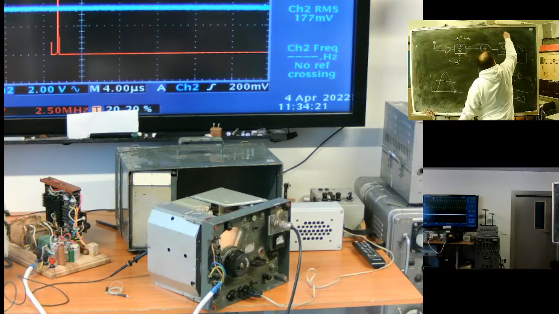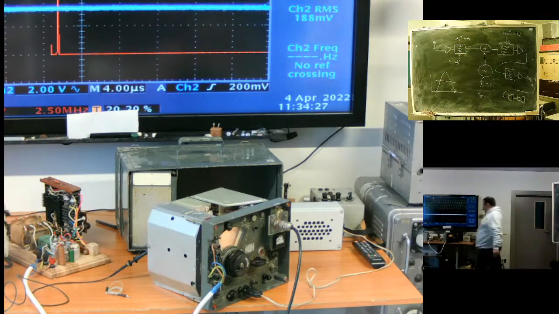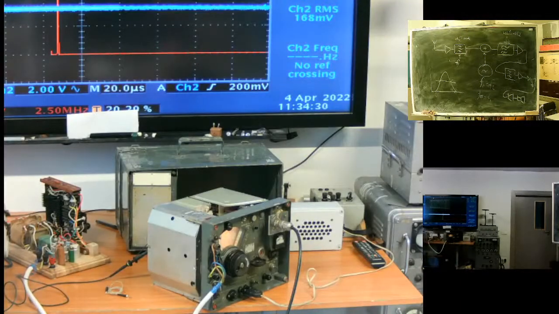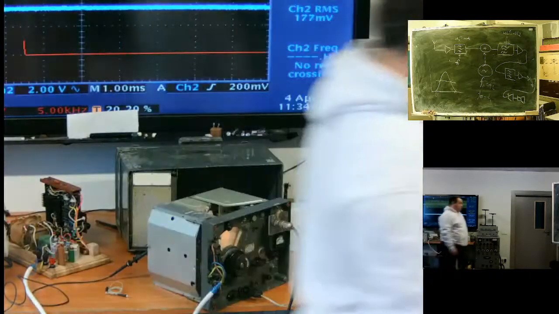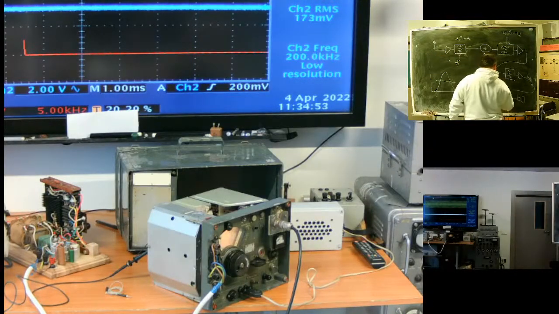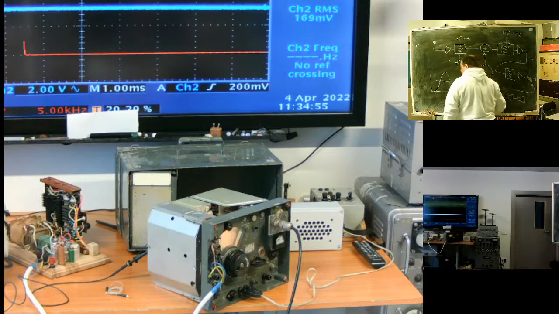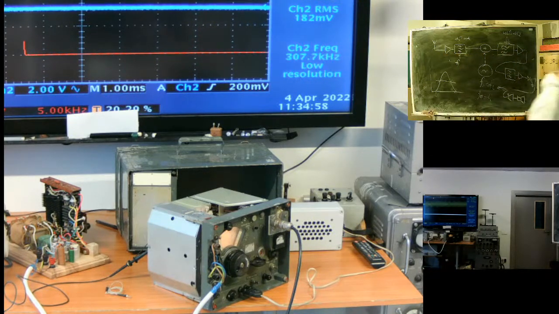If the intermediate frequency is 460 kilohertz, a signal at intermediate frequency. One second, I'll take another wire. I'll get this one at a low frequency. I just need a second.